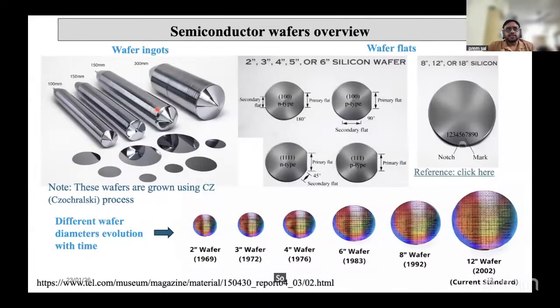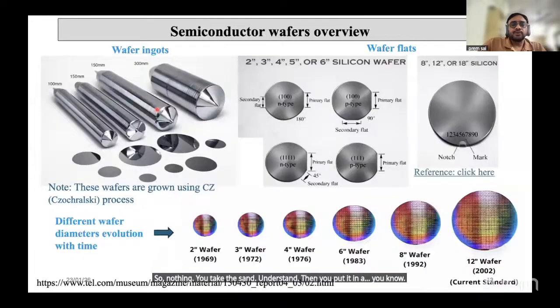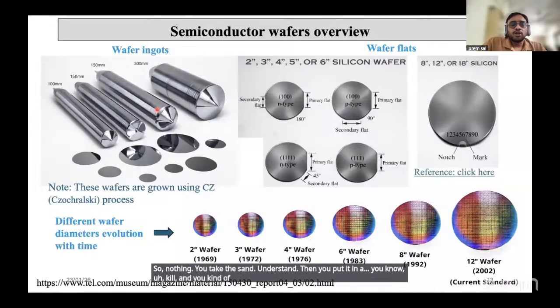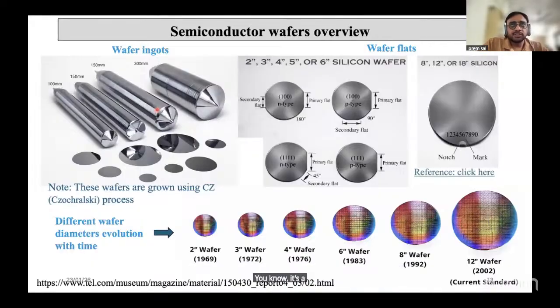You take the sand and put it in a kiln, and add coke. It's a metallurgical process. Finally you pull it out from the crucible, and it leads to this ingot.